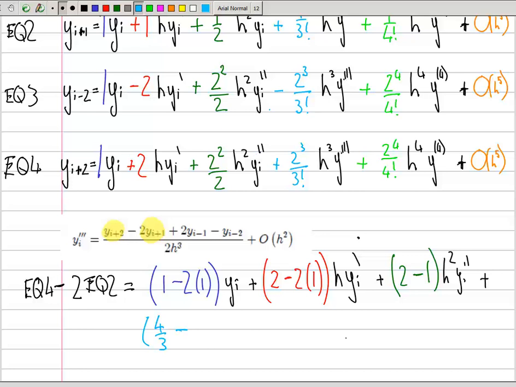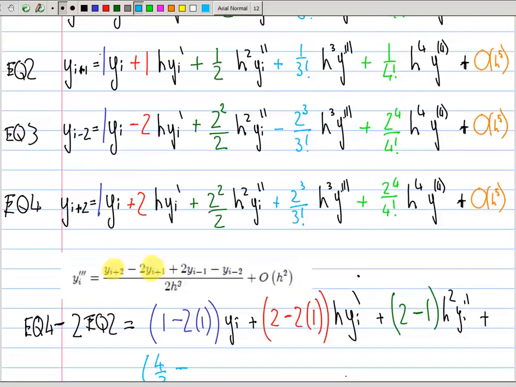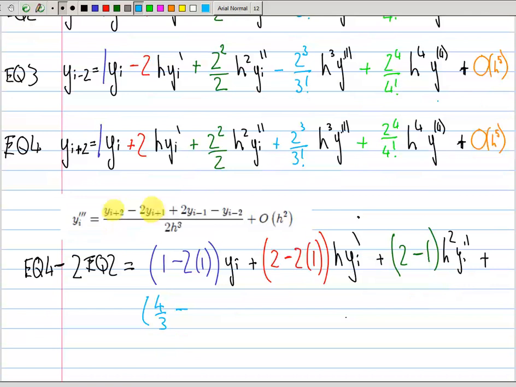Minus, we look at our one above, we can see that it's 1 over 3. I'll just pull up so that you can see. 1 over 3 there, so it's 4 over 3 minus 2 times 1 over 3 factorial. 3 factorial, 1 times 2 times 3 is 6, minus 2 over 6, which is 1 over 3. And that is going to be our h cubed, y triple prime, i.